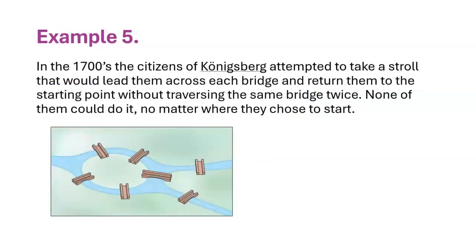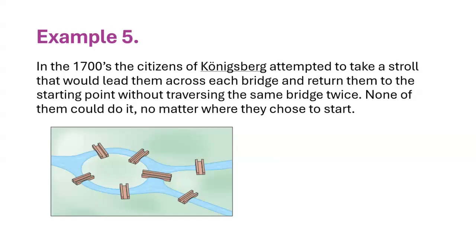Euler actually resolved a problem in the 1700s in a city called, I don't know if it still has the same name, Königsberg. The people in this town, in the picture that you see, wanted to take a stroll.